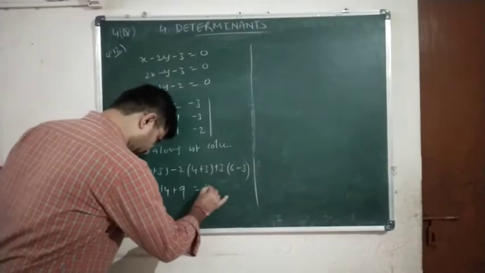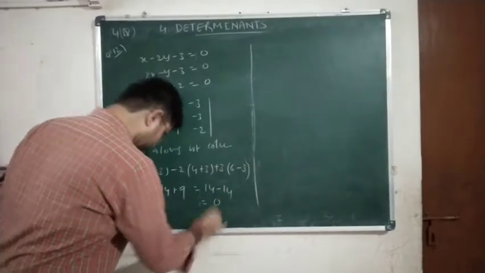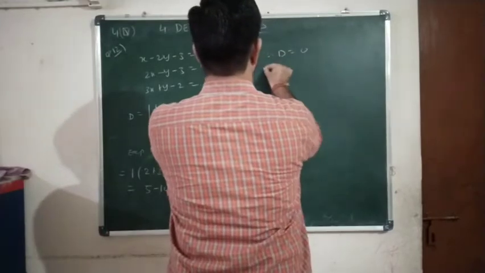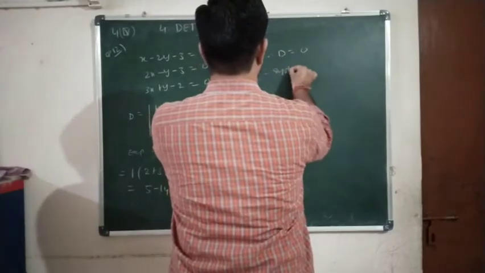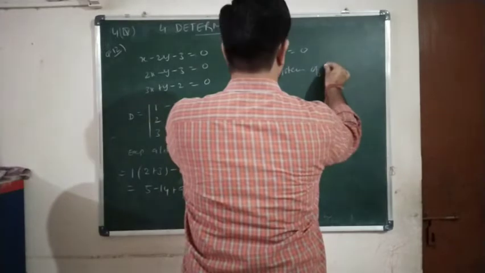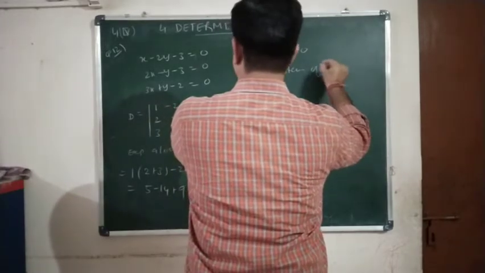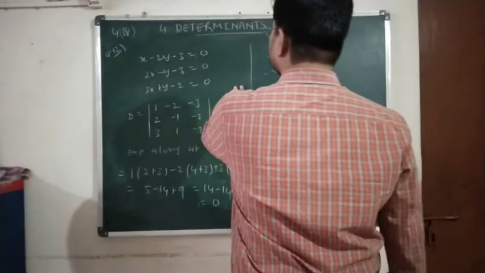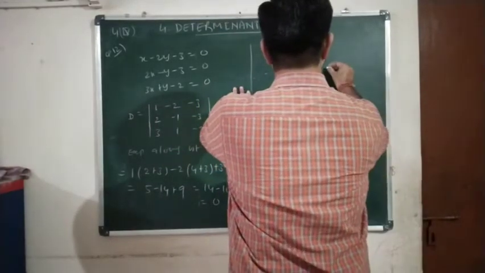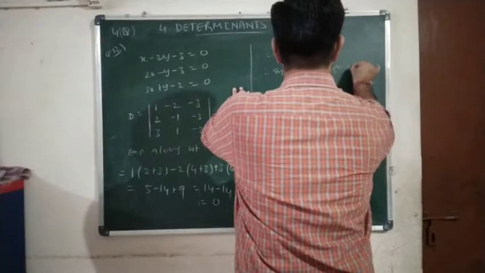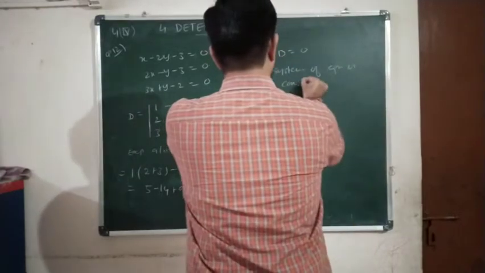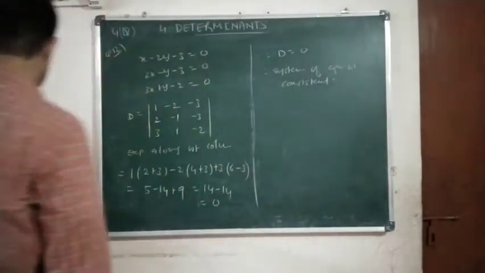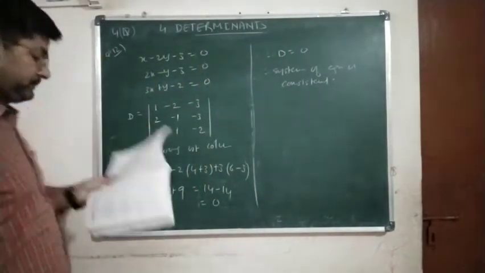Okay, so we got 14 minus 14 is equal to 0. Okay, and therefore determinant D is equal to 0. Therefore system of equations is consistent. Clear? So this system of equations is consistent.